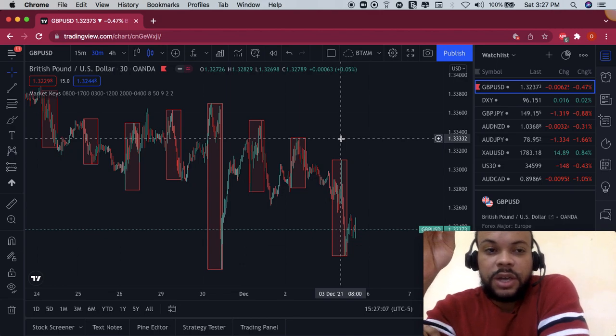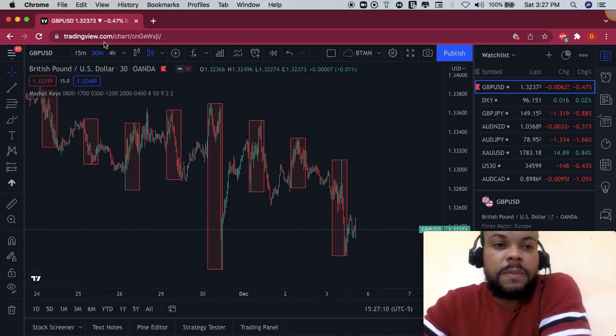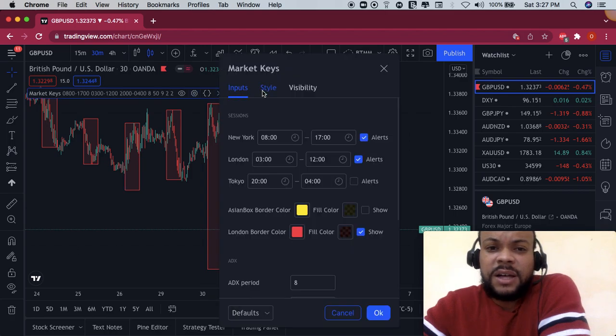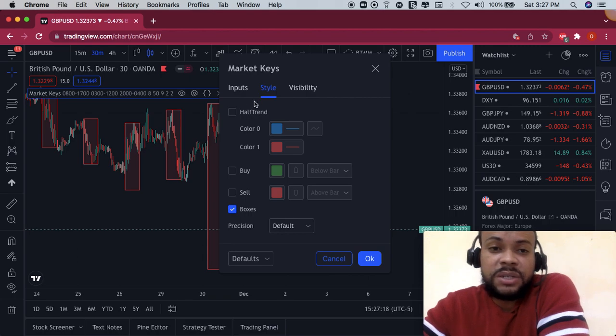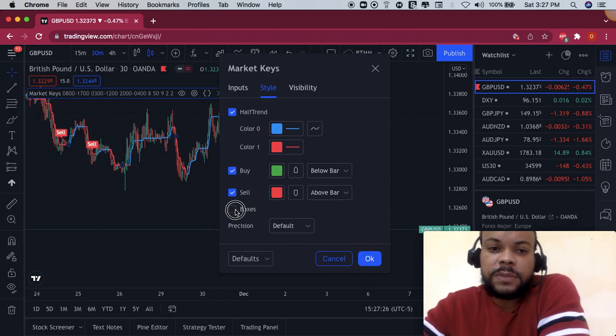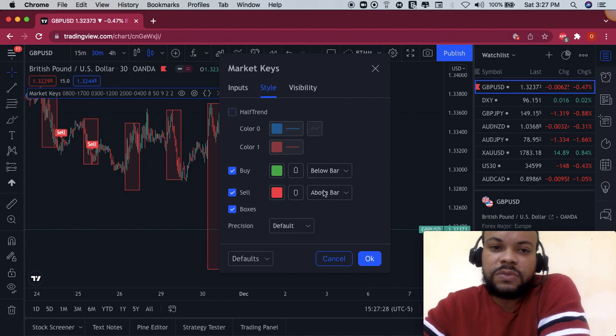Okay. Let me go back here and just explain this indicator that I created. Let me just explain what it does. So I created this indicator just to let me remove the boxes, or maybe let me just keep the boxes and just remove this.